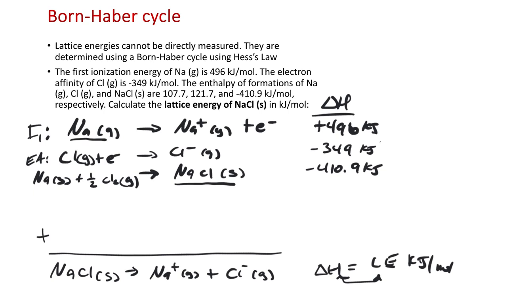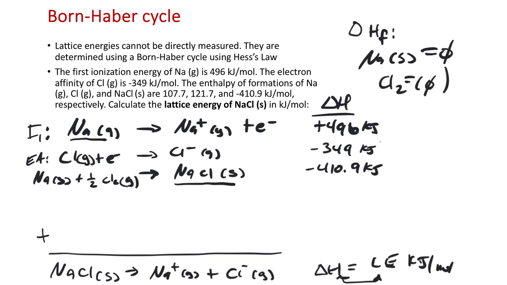And then the delta HF of sodium solid and Cl2, I have to know that those are 0. So sodium solid, 0, Cl2 is 0. And so if these are 0, then the delta H of this reaction is minus 410.9 kJs per mole, but times 1 mole of sodium chloride.